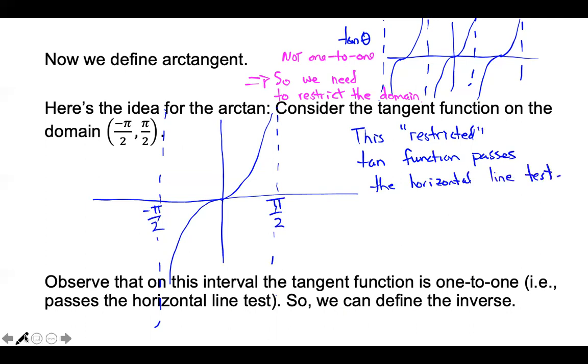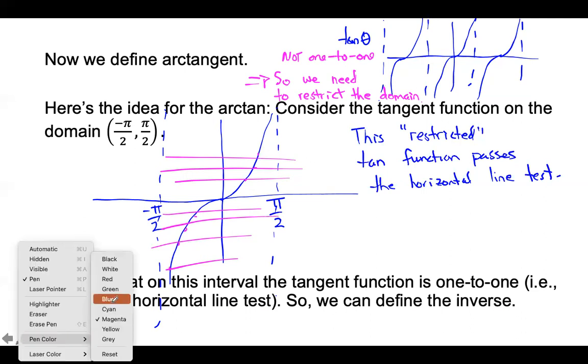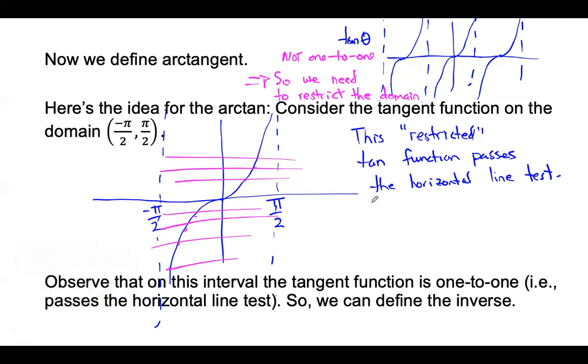And if we remember what the horizontal line test is, if we draw these horizontal lines, they only intersect these graphs once. So it is 1-to-1. And therefore it has an inverse.